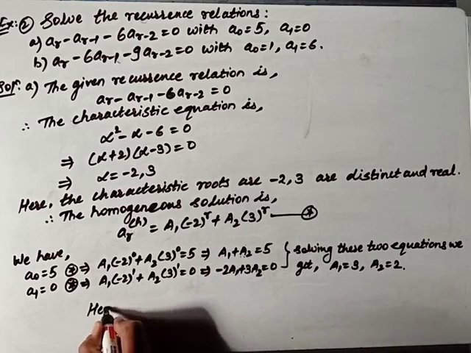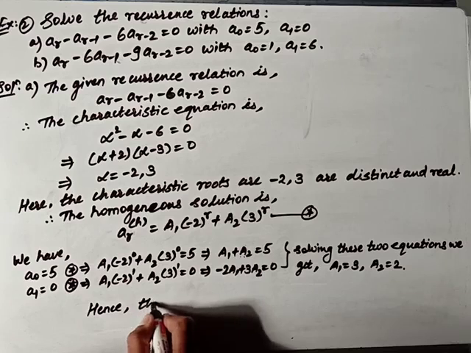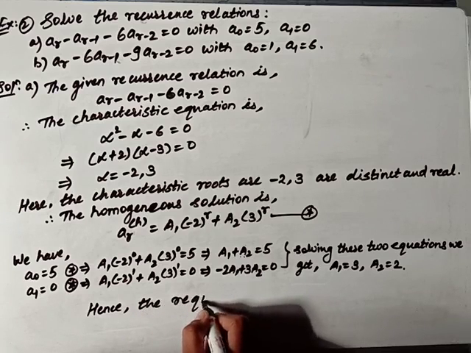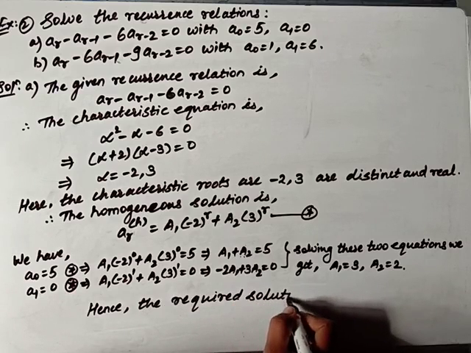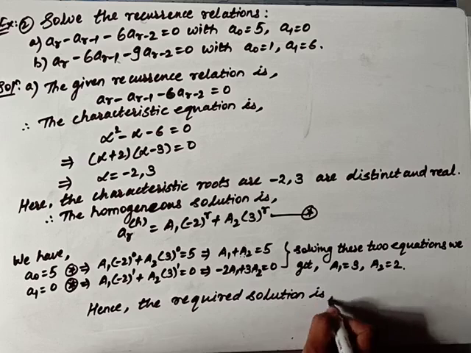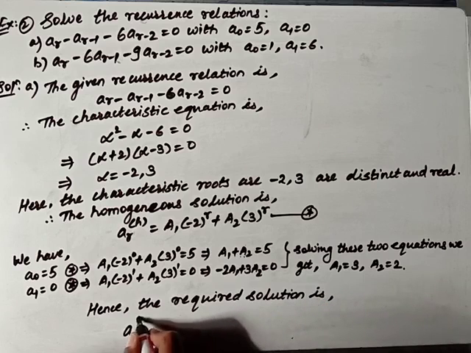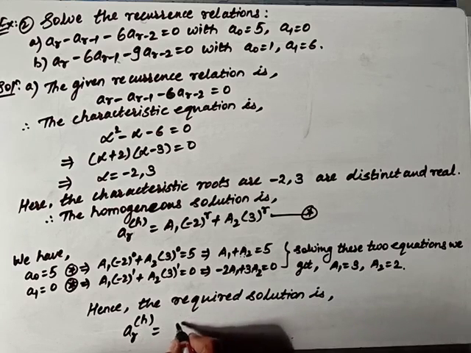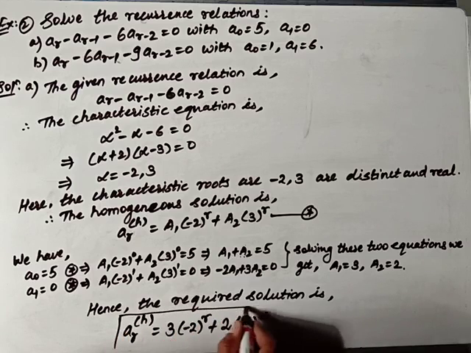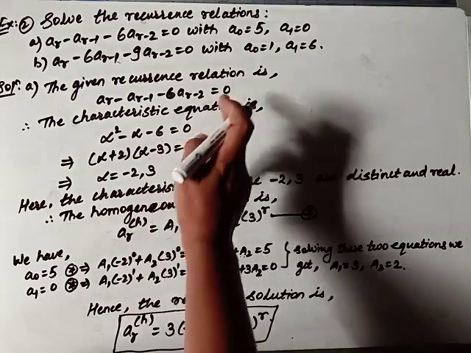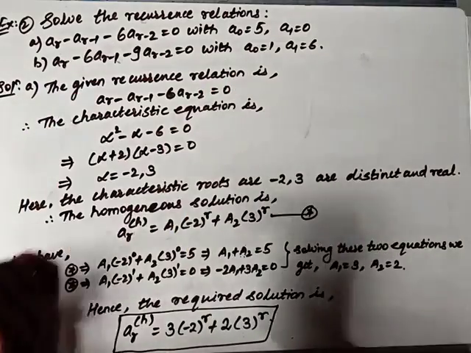Hence the required solution is a_r^h, obviously it is the homogeneous solution, equal to a1 is 3 into minus 2 raised to r plus a2 is 2 into 3 raised to r. This is our required homogeneous solution for this given recurrence relation. This is the first one.